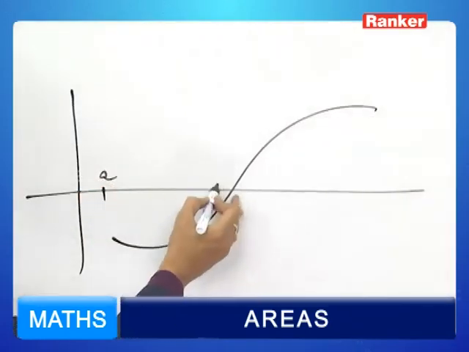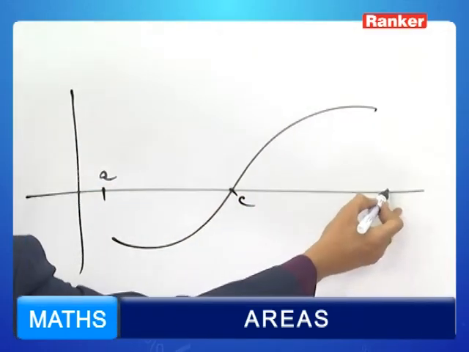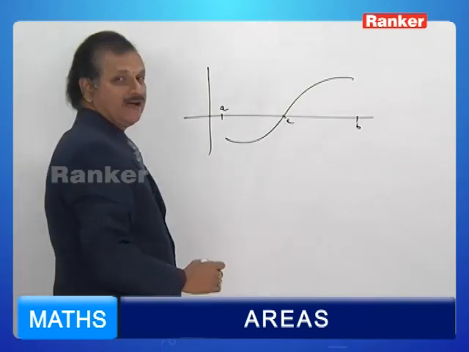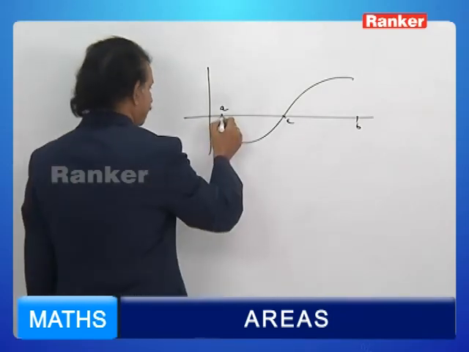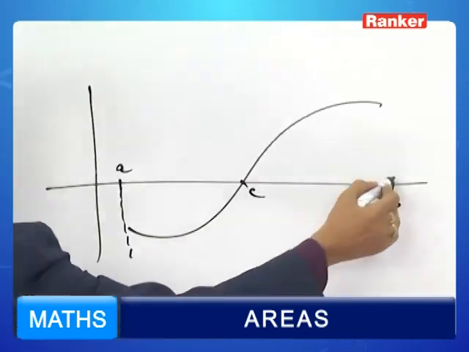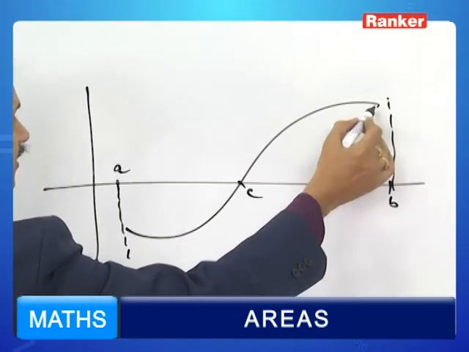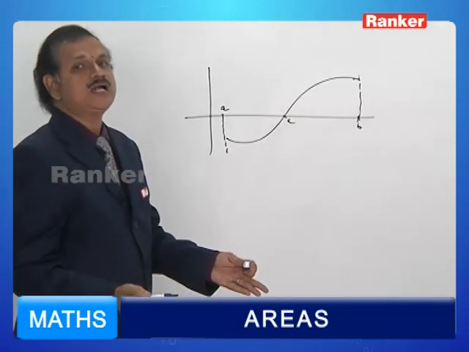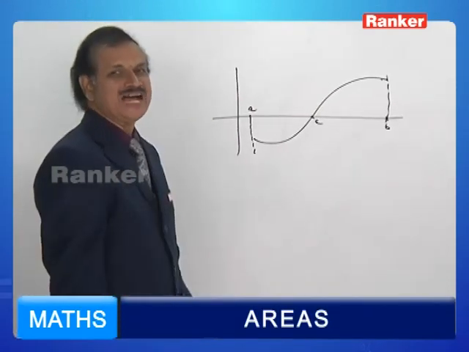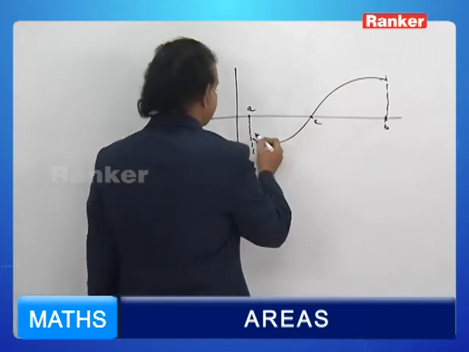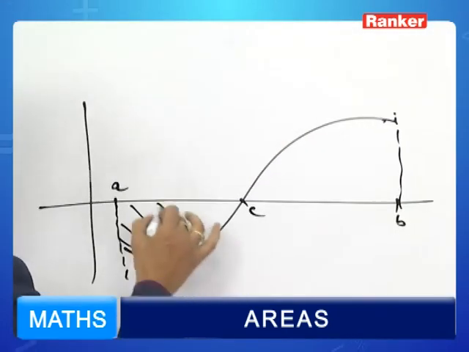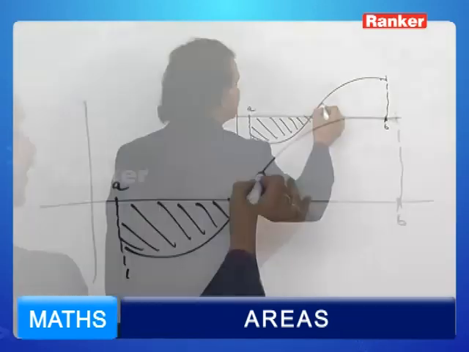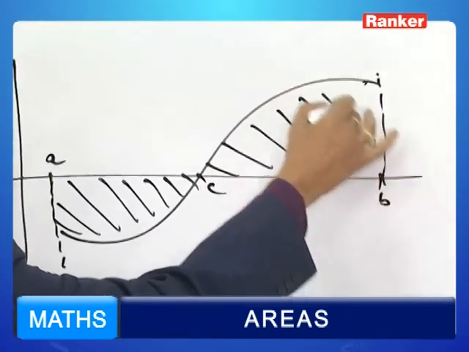This is A, this is C, this is B. Area bounded between x is equal to A, x is equal to B, y is equal to f of x and x-axis. Suppose he asks you, some part of the graph lies below x-axis, therefore this area is to be found and again this area is to be found.